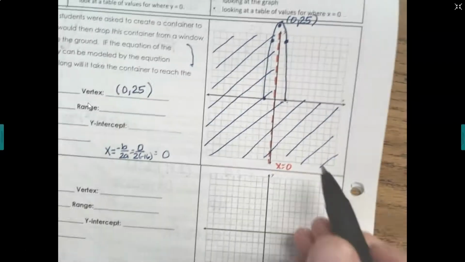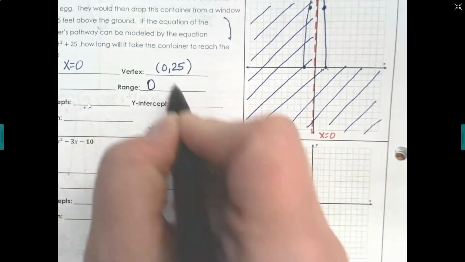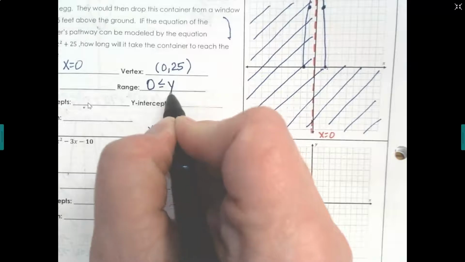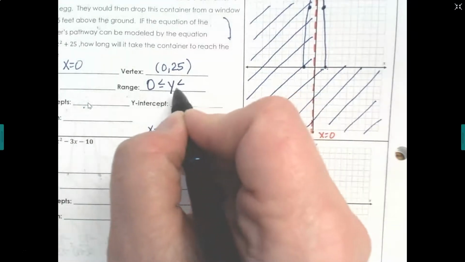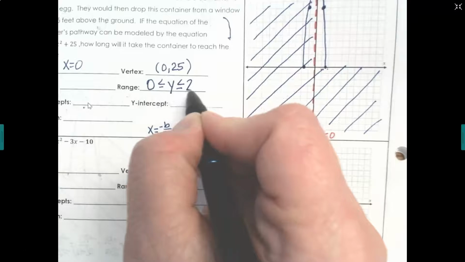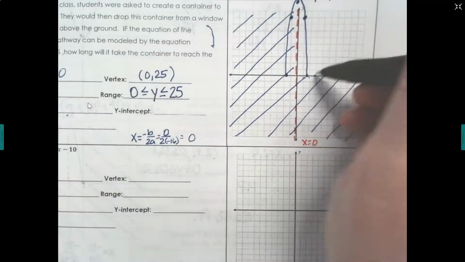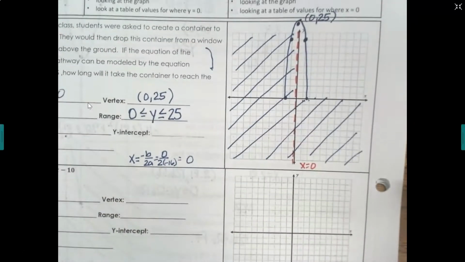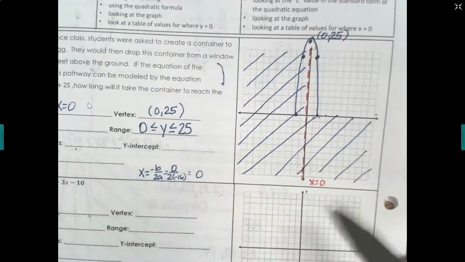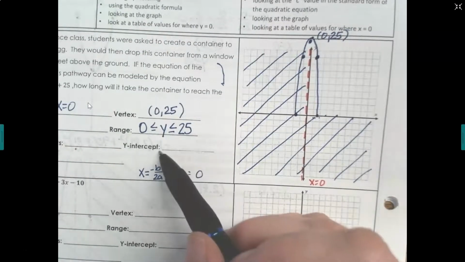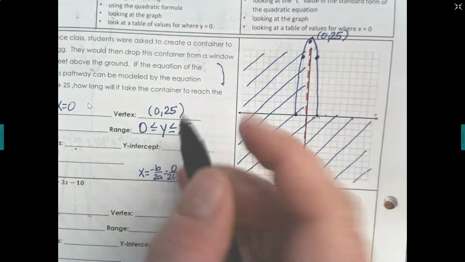So we can do range right now: from the ground, 0 is less than or equal to the y values, and all of those y values are less than or equal to 25, because we're going from the ground at 0 to a height of 25. And that's what this says right here: our y-intercept, where the graph crosses the y-axis, is where x is 0, so 0, 25.